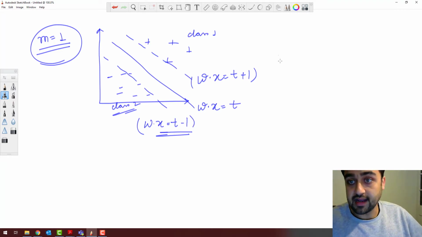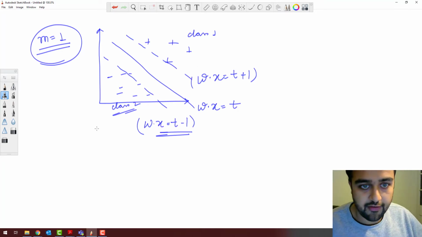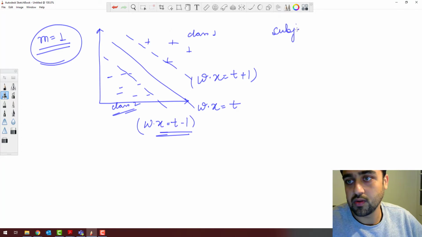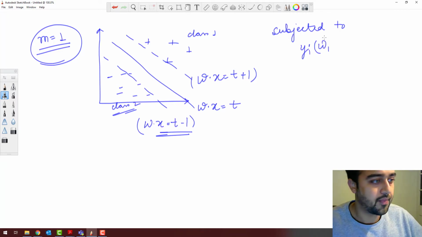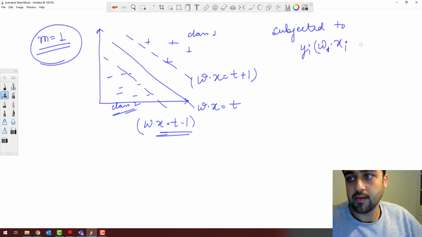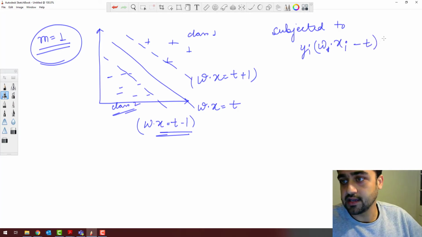So that is why it says that it is subjected to yi, w dot xi minus t greater than or equal to 1.